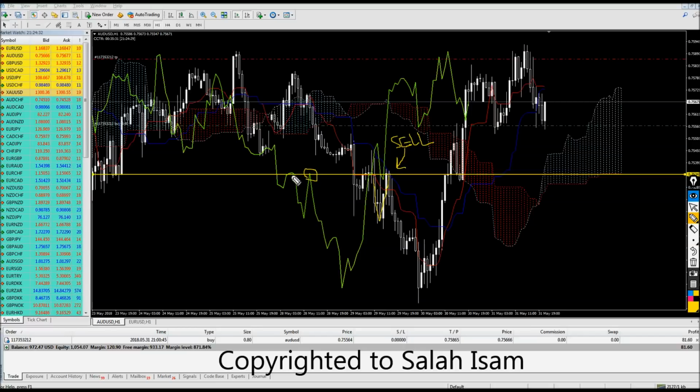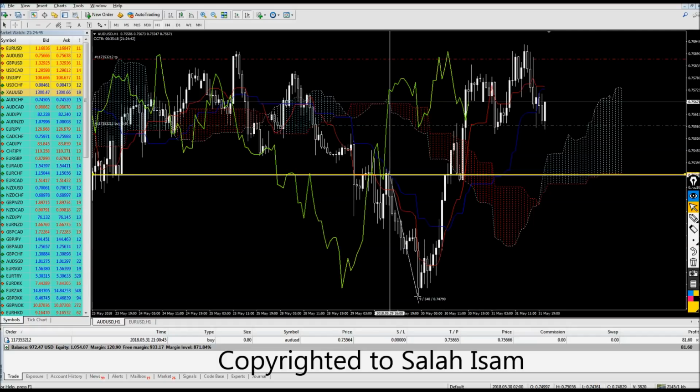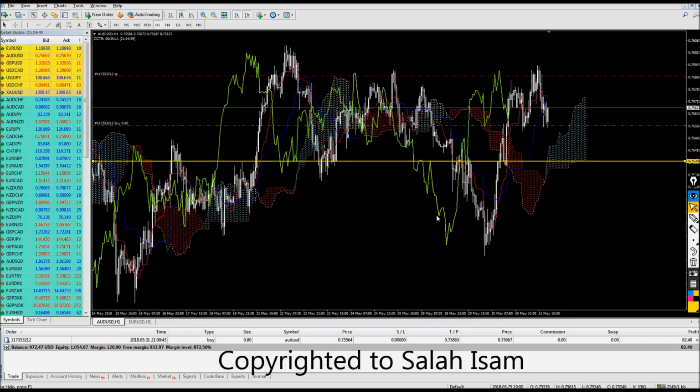So, relying on this strong spike of the Ichimoku, I can say that this is where I want to sell, and the candles, as you can see, have fallen down, giving me about 54 pips.